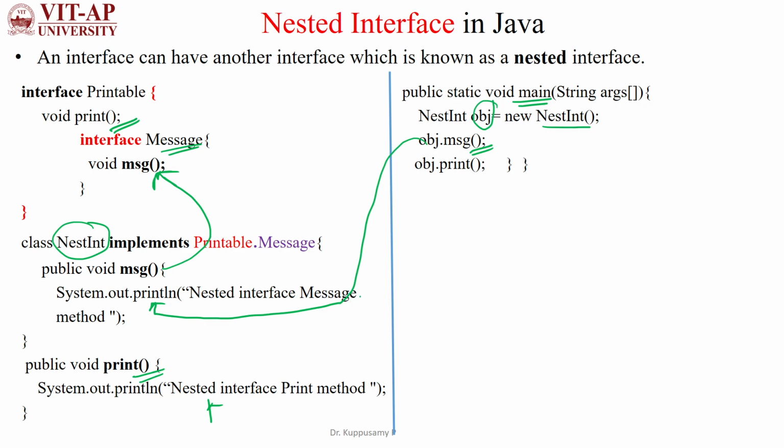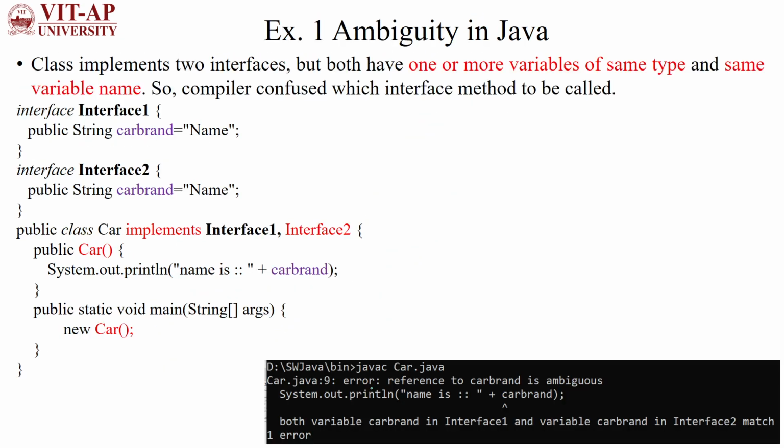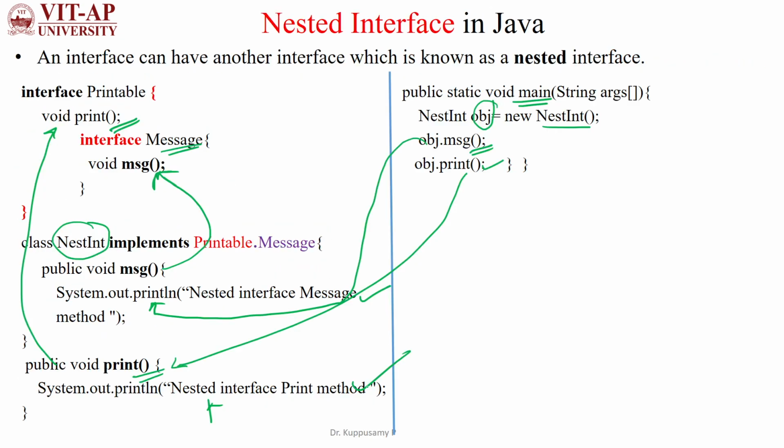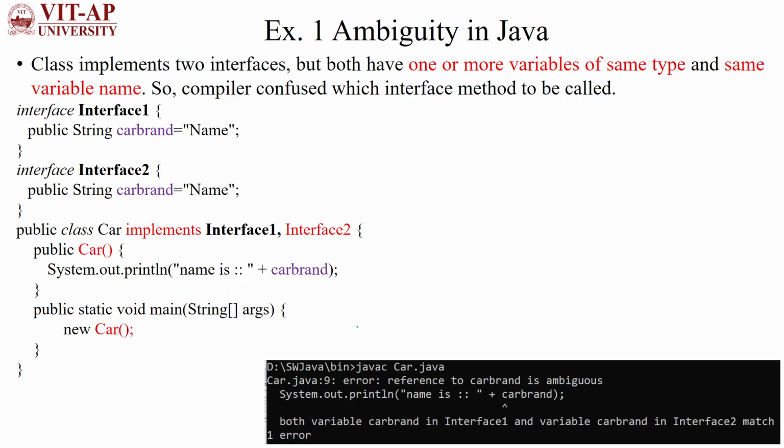Then the first statement is displayed, then the print method is invoked, passing the control over here. Once this is called, it overrides this print method, and this statement will display. So that is the nested interface. Here you will get these two lines as output.